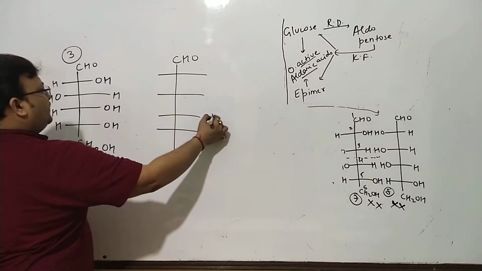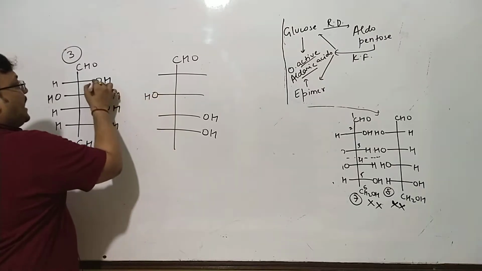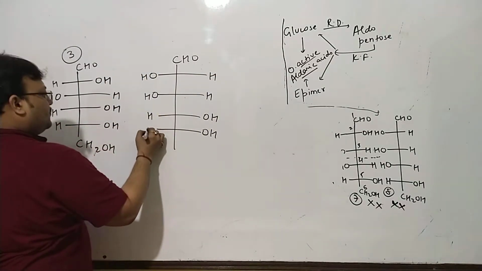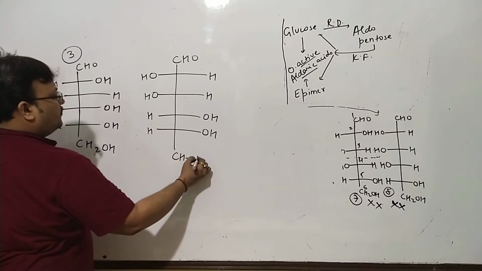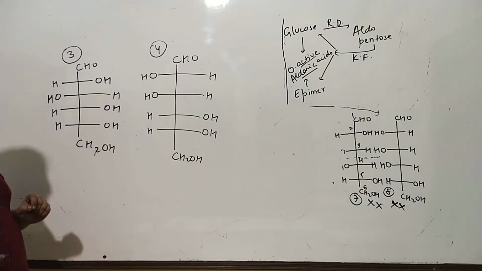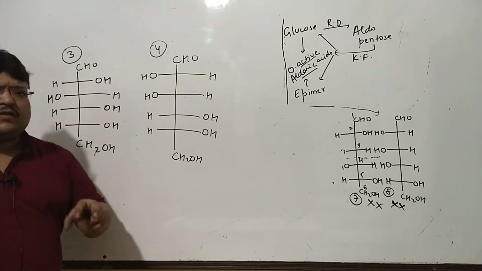See, these are identical. Only at carbon 2, this OH is to the left. Either 3 or 4, either this is glucose or that is glucose. Now the last step, I repeat, was a master class.